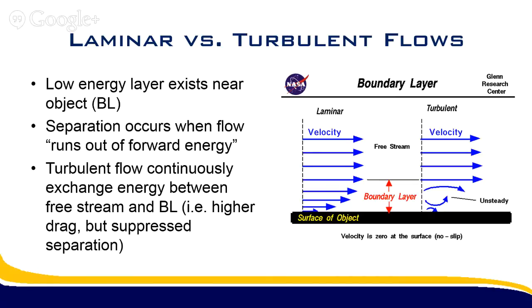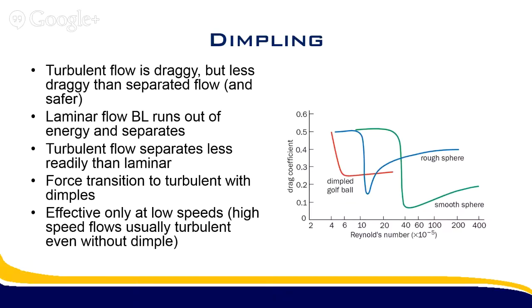So one thing that I'd be kind of interested to talk about is dimpling, so like a golf ball. The way dimpling works is it actually trips a boundary layer to cause the flow around the ball to become more turbulent.